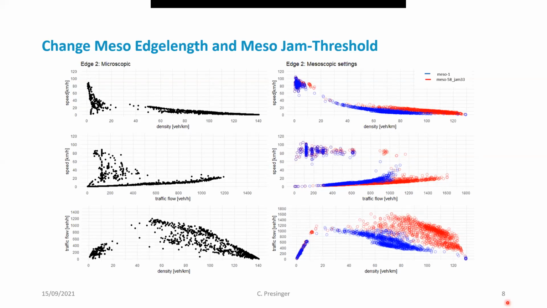I tested the edge length for a lot of different values, and the threshold as well. For the threshold, the best result was when I set it to minus 0.33.